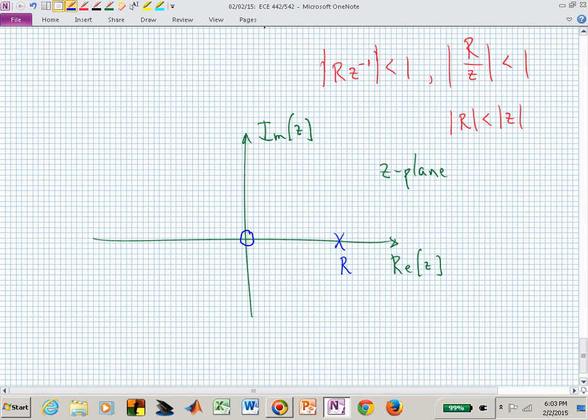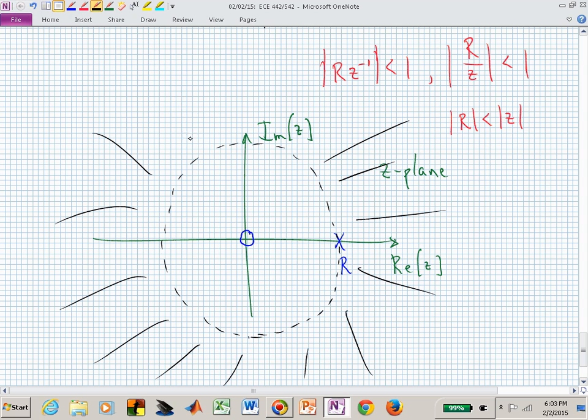If you had a compass, which I don't have, you would now, bear with me, this is supposed to be a circle of radius capital R, and the region of convergence is every point in the complex z-plane outside of that disk of radius capital R.